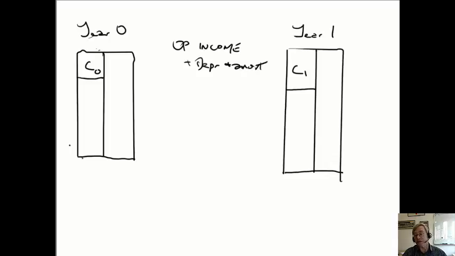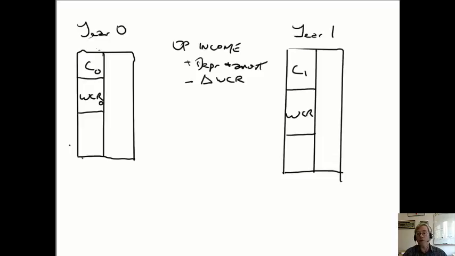Cash flow is greater than operating income to the extent that we have positive depreciation and amortization that reduce income relative to cash flow. Operating cash flow is also different from operating income to the extent that our payables and our receivables and our inventories and other parts of the working capital requirement change.